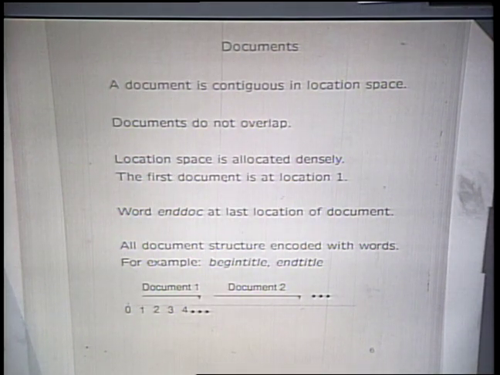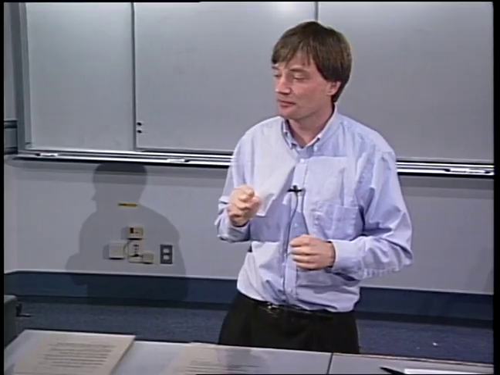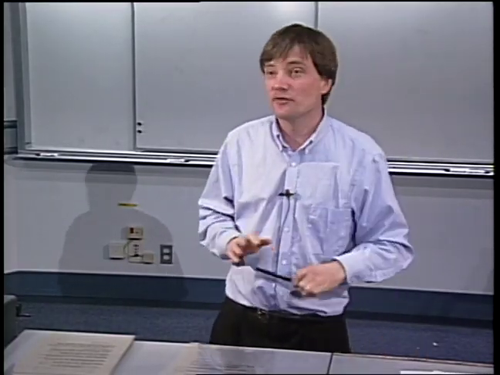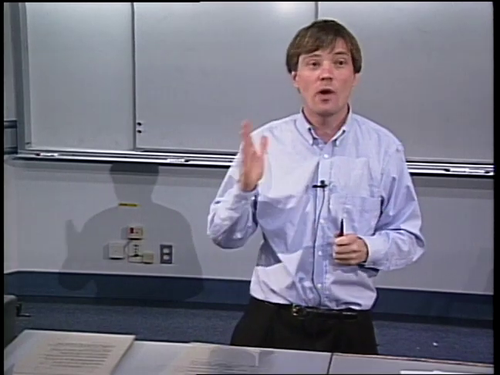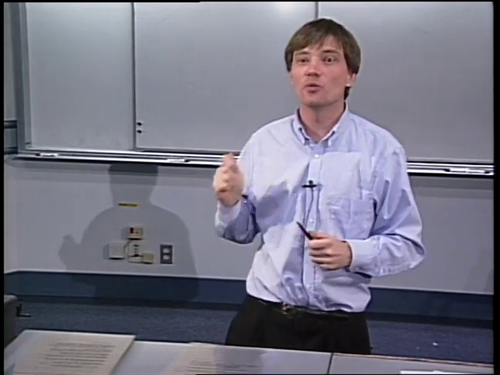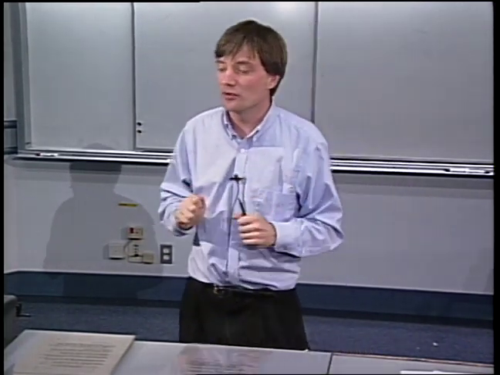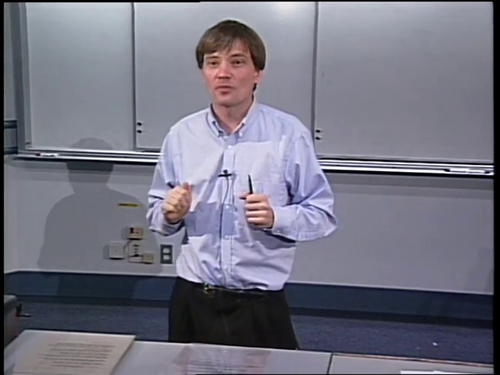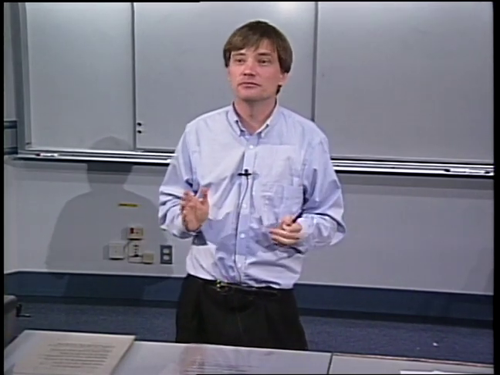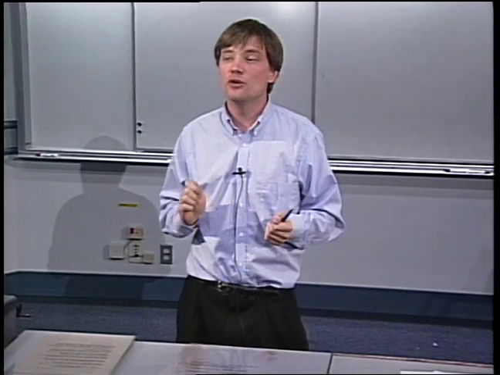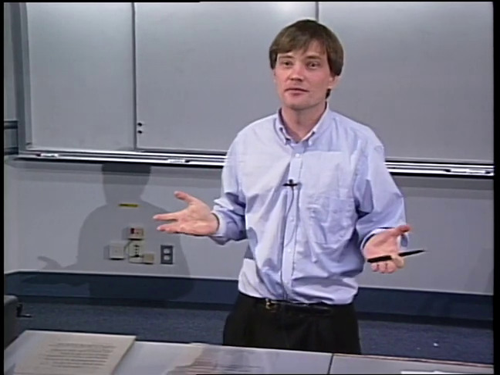There is a word with a funny spelling, which I call the ndoc word, and the indexing library guarantees that that word is indexed at the last location in every document. Every piece of document structure, including where the ends of the documents are, is encoded as words. So if, for example, you wanted to specify where there was a title field within a document, the way you would do that is you would invent two words, probably with funny spellings so they wouldn't conflict with normal words.